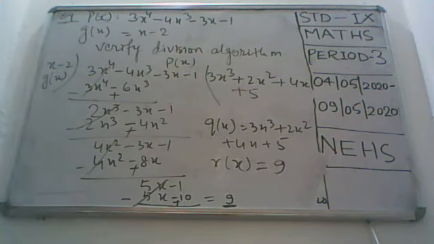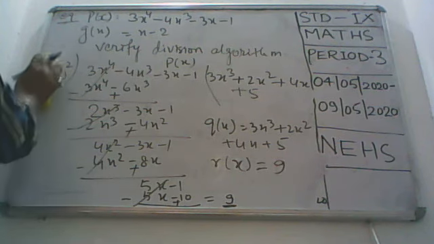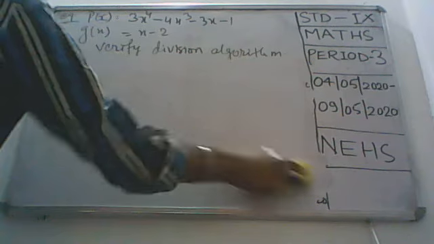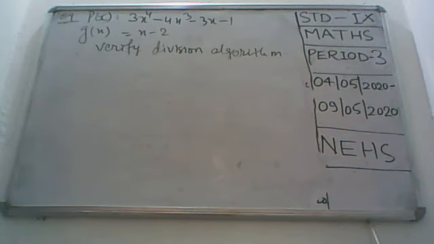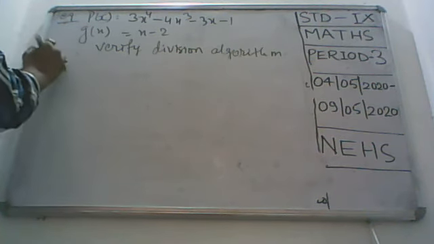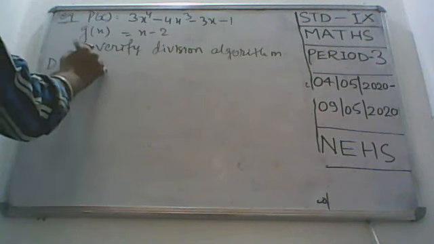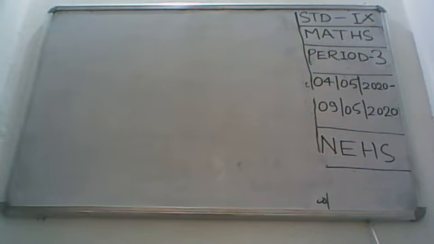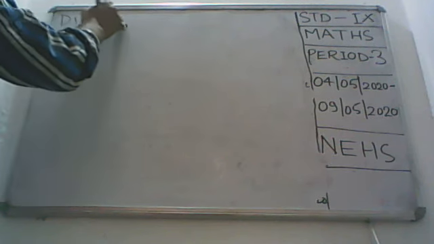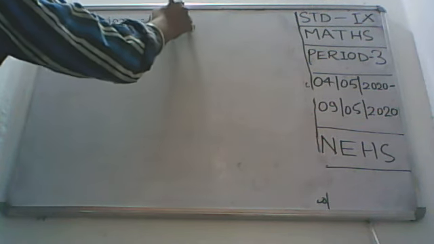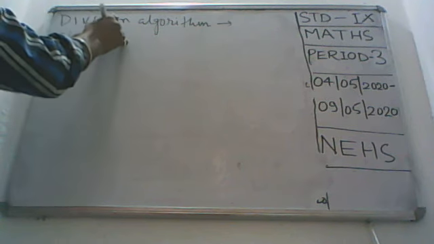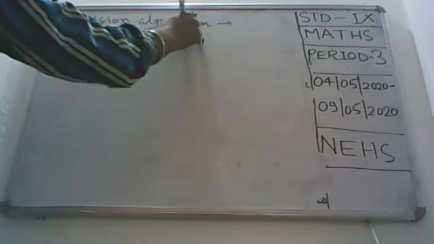Now we are going to verify this. Understood everything? Now just verify this. I will write this. The division algorithm states that if I multiply Qx into Gx plus Rx, it should come Px.